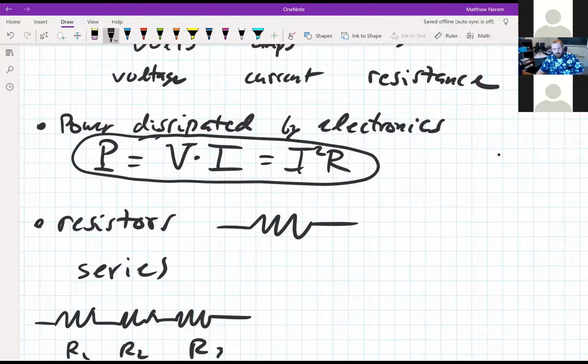Oftentimes the question is, should I use this one or this one, and how do I know? The way to figure it out is what is constant in your circuit.